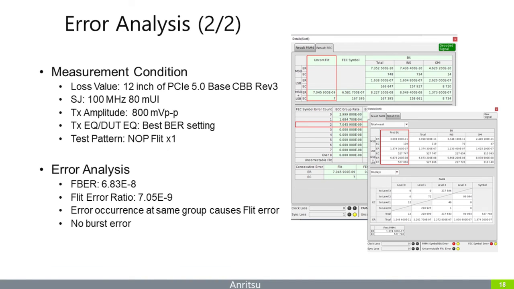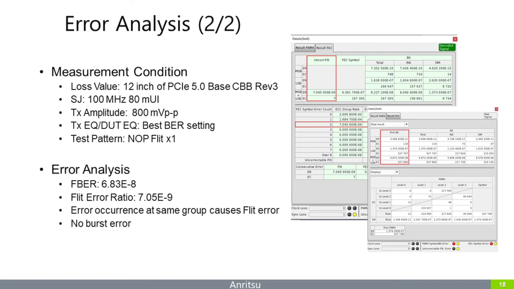Next one is the same conditions, but injecting SJ of 800 milli. Now the FBER and flit error rate are different, which means some burst error happened.